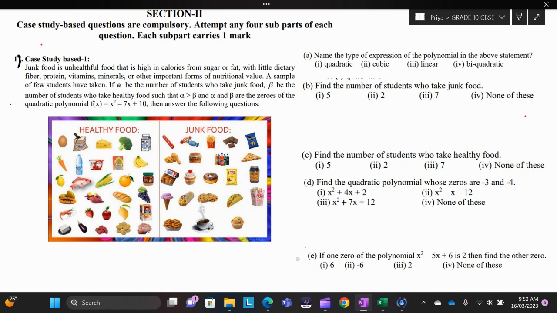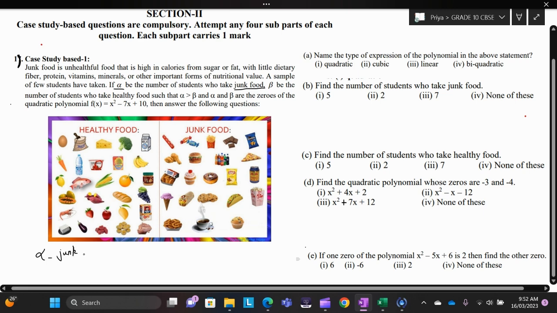So now the information is going to be very important. If alpha be the number of students who take junk food, and beta be the number of students who take healthy food, you should know that.